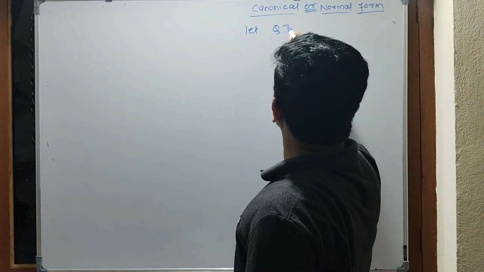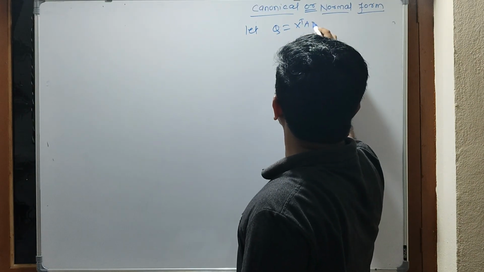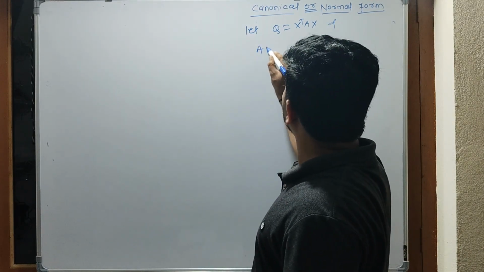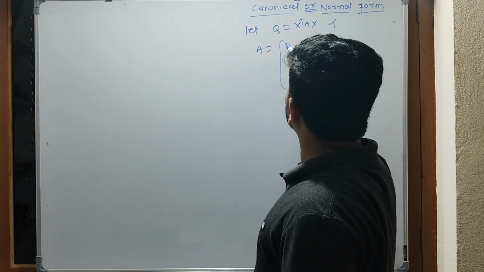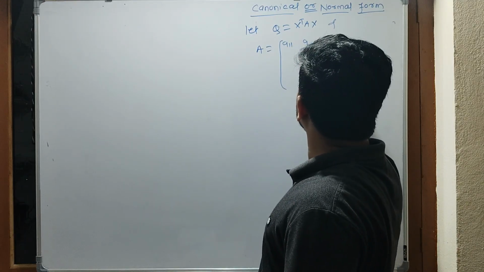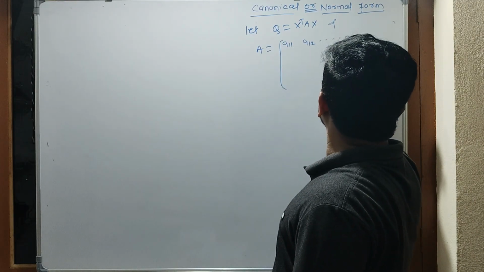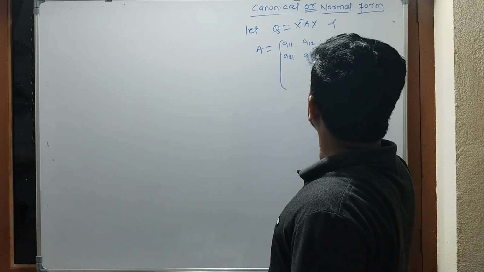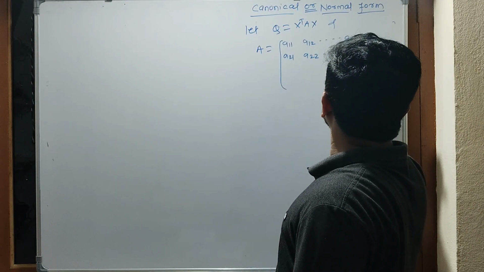Let q equal to x transpose Ax be the quadratic form, and A is the coefficient matrix: A11, A12 up to A1n, A21, A22 up to A2n.